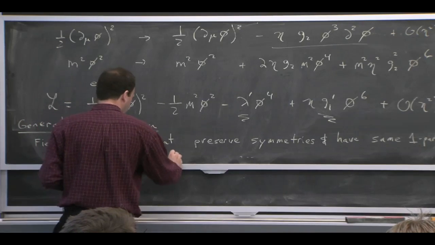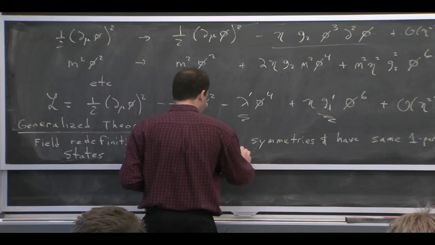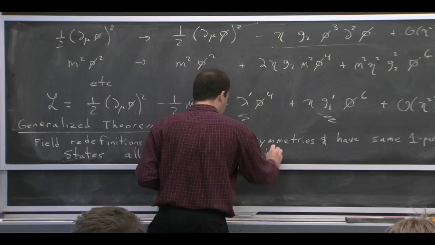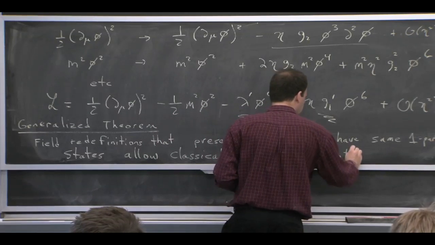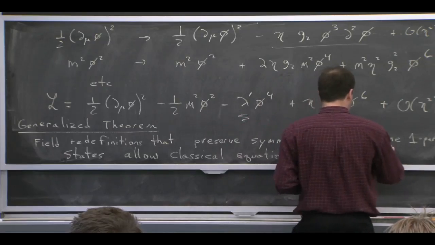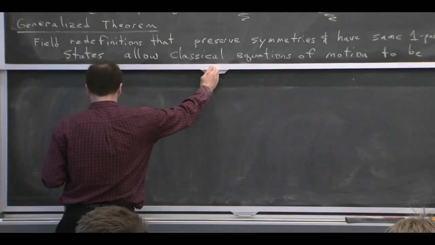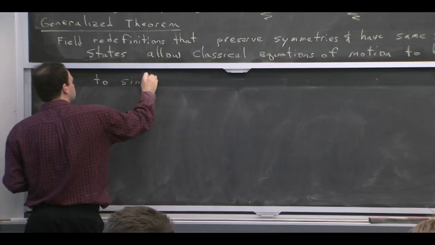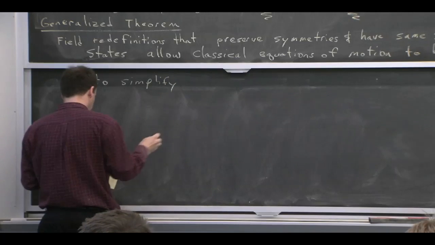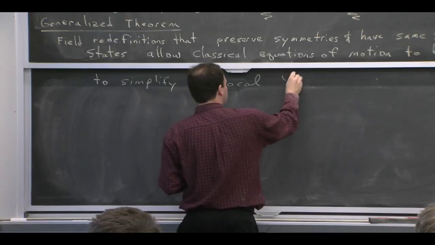And such field redefinitions basically allow the classical equations of motion to be used to simplify the theory. I'll also put the proviso in that it should be a local quantum field theory.